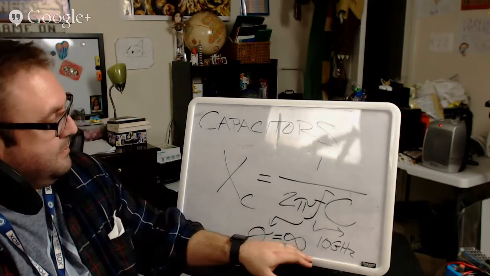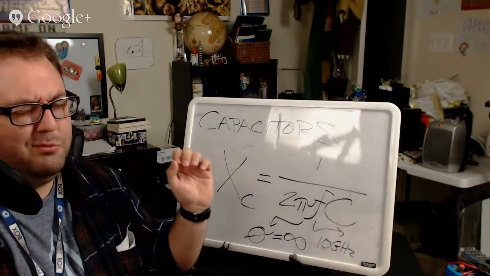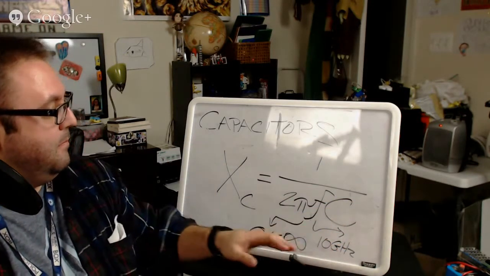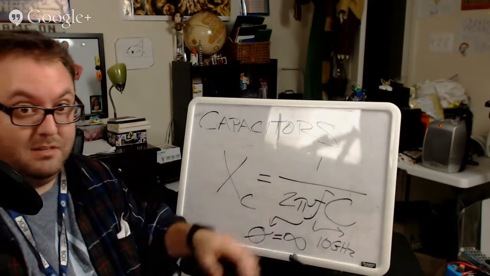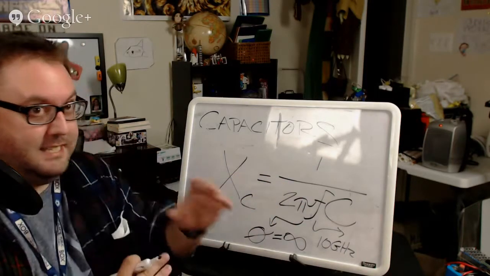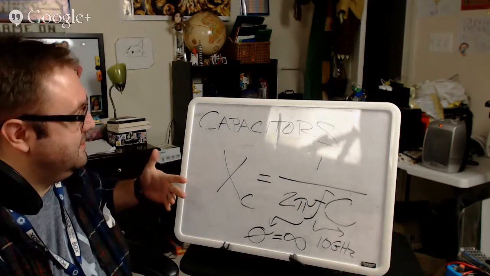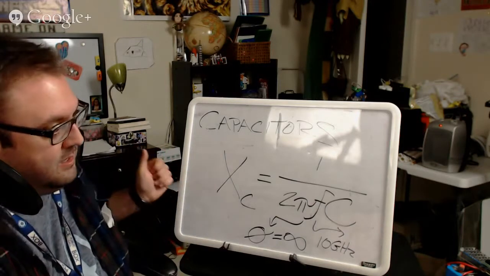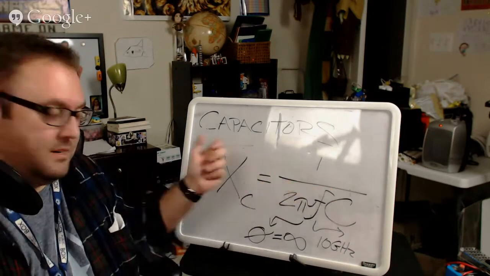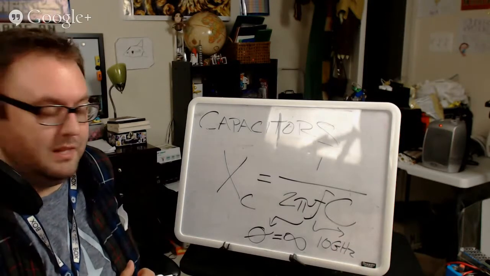So when the frequency goes the opposite way and gets really big, reactance becomes 0. So for AC signals, alternating current signals with a significant enough frequency, pass through the capacitor, or at least you can conceptualize it that way.